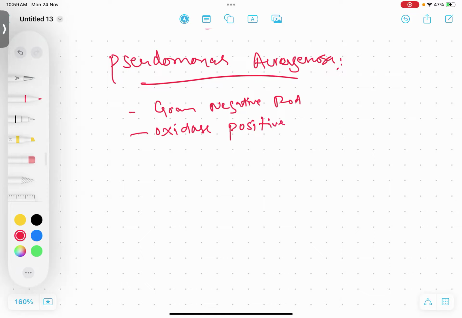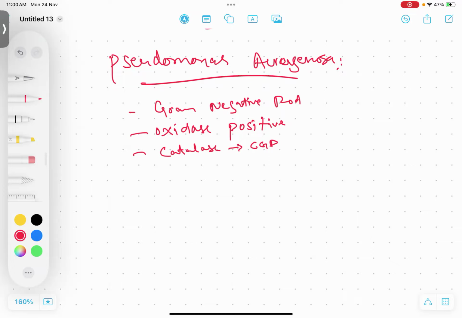It's non-lactose fermenting. It's also catalase positive. What is the significance of this catalase positivity? It's more common in NADPH oxidase negative patients, so it's more common in patients with CGD, right?